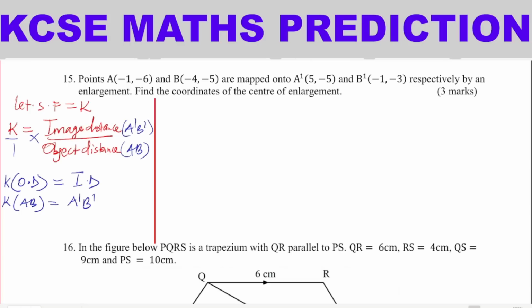I'll write these in terms of column vectors. So A is (-1, -6), and B is (-4, -5).